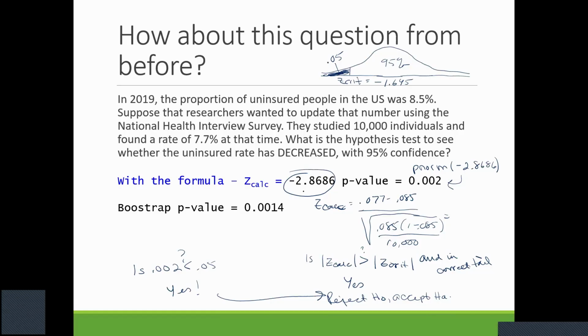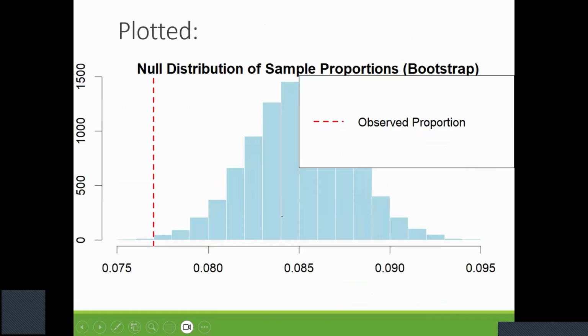So that p-value of 0.0014 is definitely less than 0.05. So we think it's pretty unlikely. This is like a 0.14 of 1% chance of finding a proportion as low as 7.7% if the population was indeed still 8.5%. So it's pretty likely that this has indeed gone down.